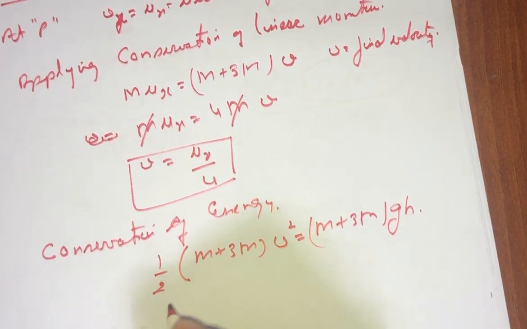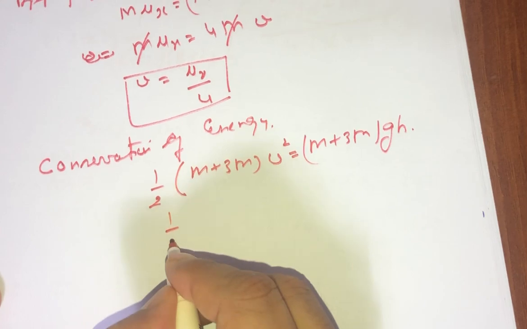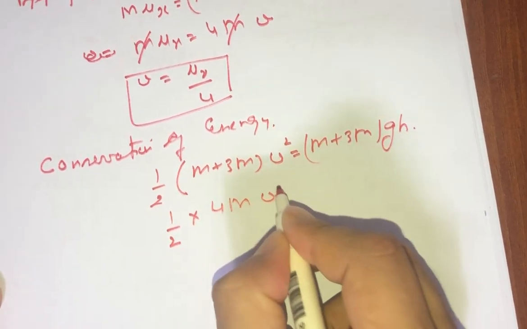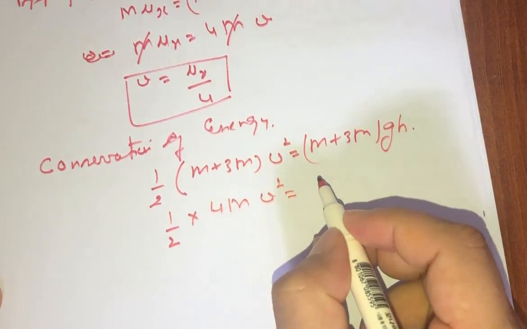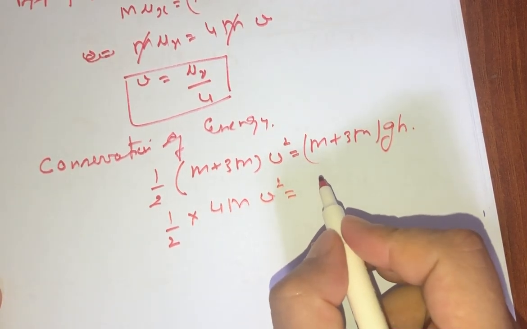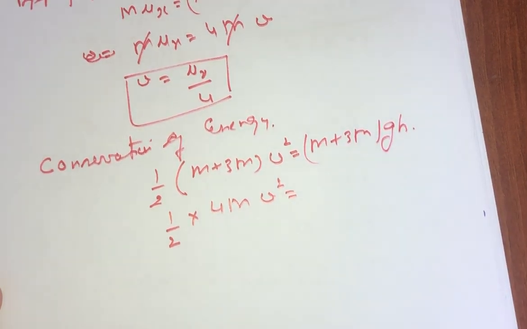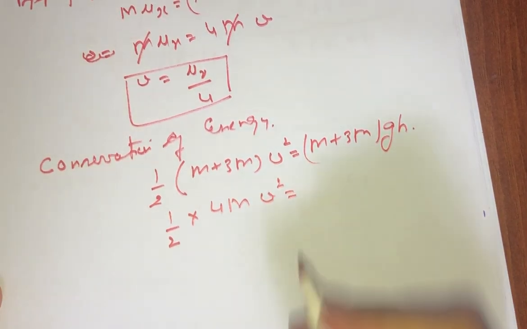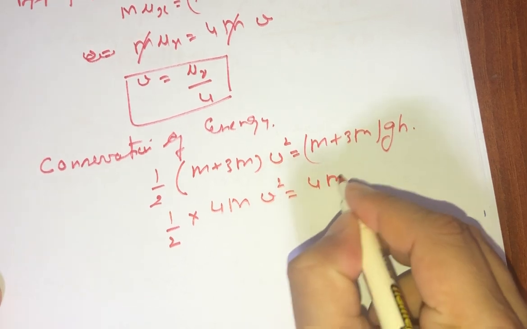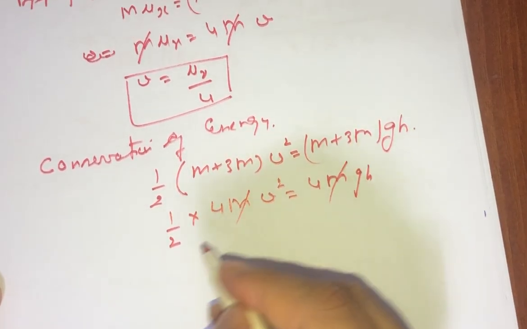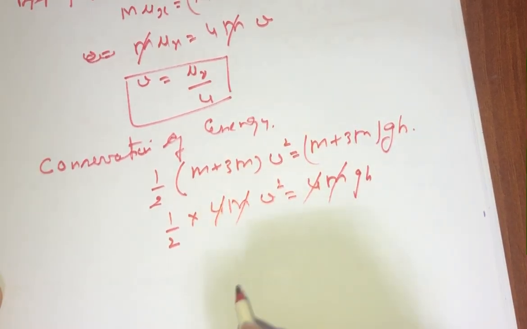So this will be equal to half multiplied by 4m v square is equal to 4m gh. So m goes with m, 4 cancels out by 4.